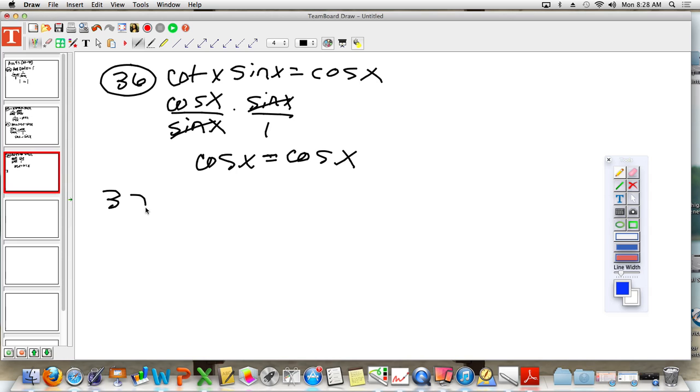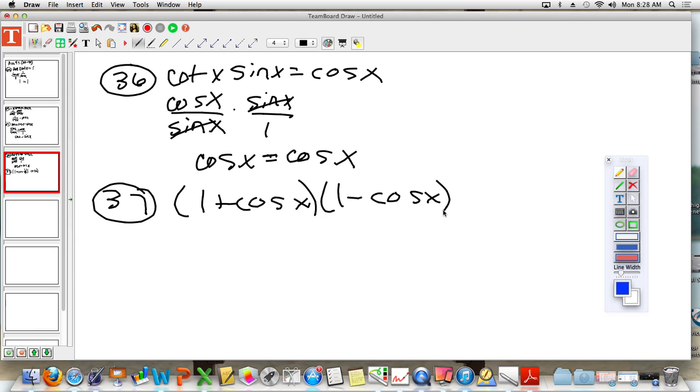When you look at 37, can everyone have their stuff out in front of them, following along, pretending at least? Number 37, you have 1 plus the cosine of x, and you have to multiply that by 1 minus the cosine of x. And you have to try to make this look like the sine squared of x.